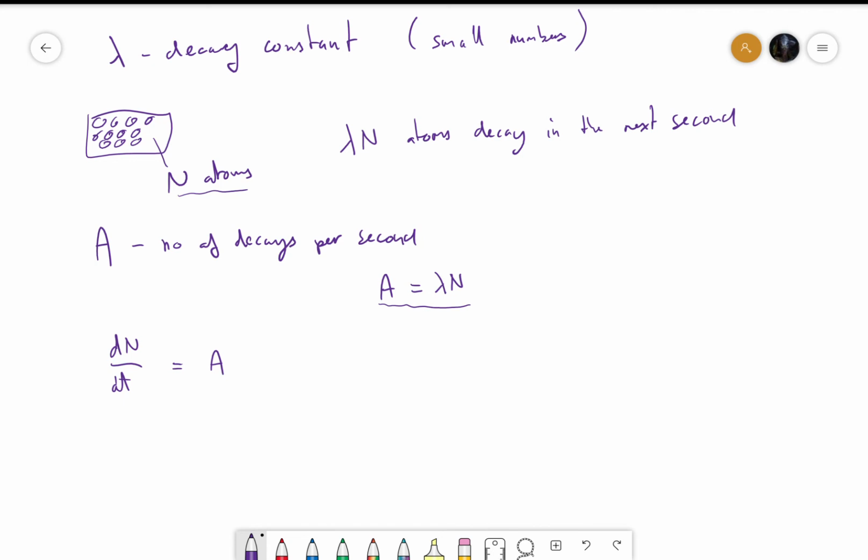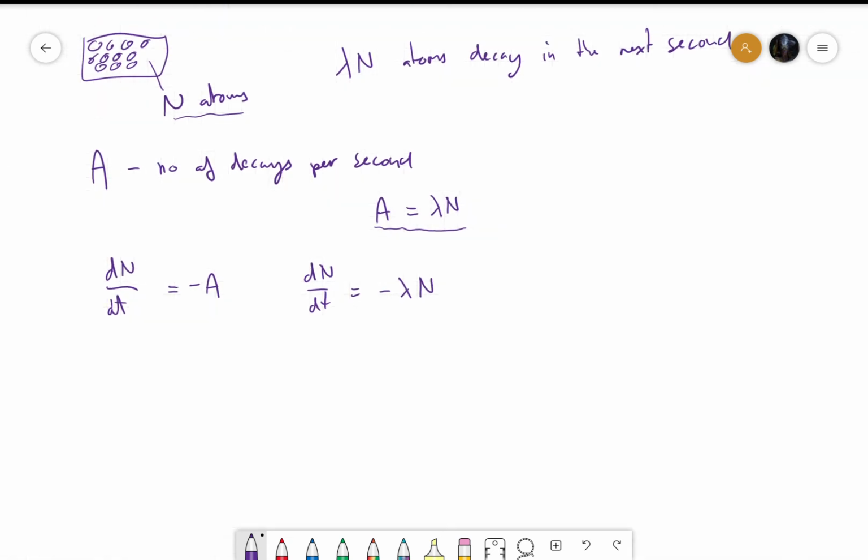The number of radioactive atoms in the sample is decreasing, so in fact dN by dt is equal to minus A. Therefore we can write dN by dt is equal to minus lambda N. This is a first order differential equation, and it's a relatively straightforward one to solve.